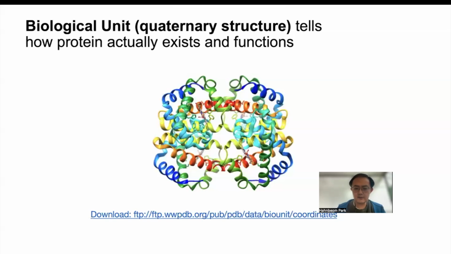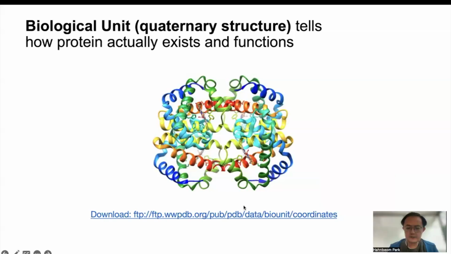And by having 4 units, you can get much more efficient oxygen carriage. So we call what the protein actually is in our biology the biological unit. And this has a different repository shown here. It's not on PDB, but in other sites that only contain biological units of protein structures.